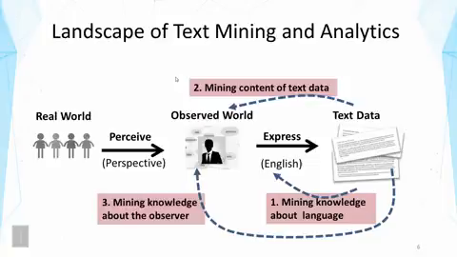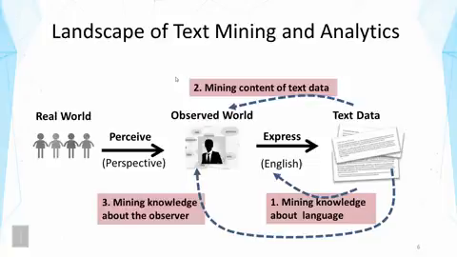And note that we distinguish the observed world from the person, because text data can describe what the person has observed in an objective way, but the description can also be subjective, with sentiment. So in general, you can imagine the text data would contain some factual descriptions of the world plus some subjective comments. That's why it's also possible to do text mining to mine knowledge about the observer.